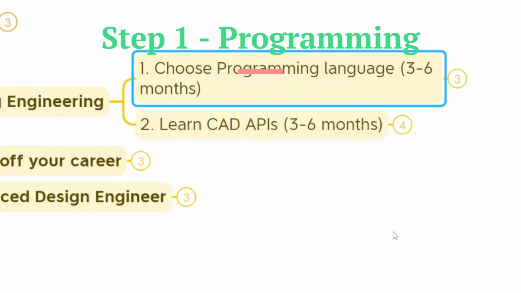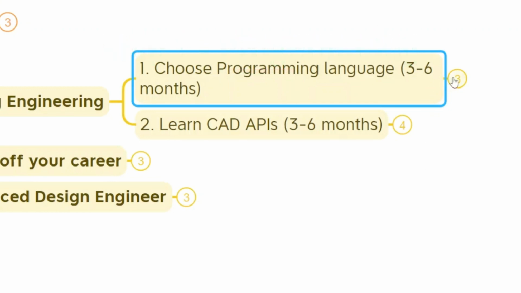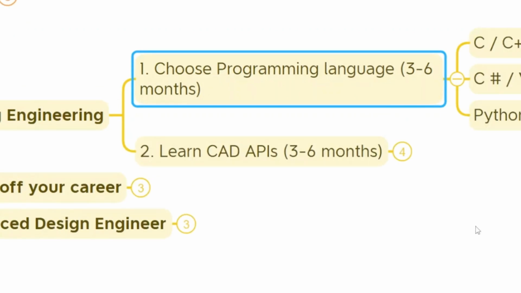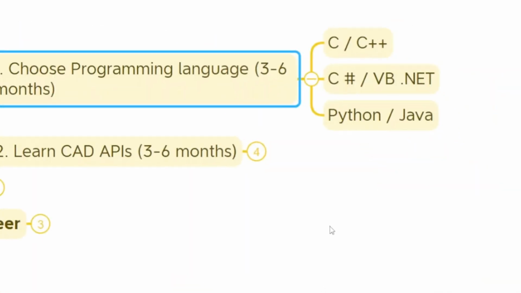There are a few pointers I will give you to choose a programming language. You have three options to choose from. Either you start with C or C++, or else you start with C Sharp.NET or Visual Basic.NET. The third option you have is you either start with Java or Python.